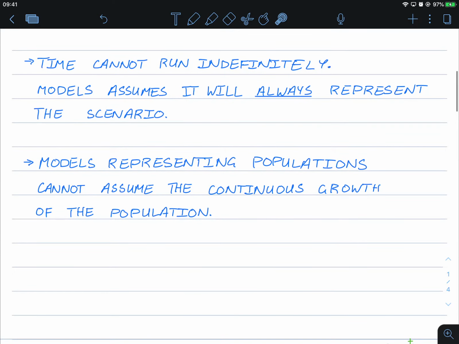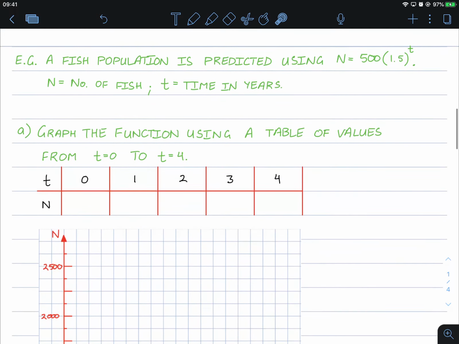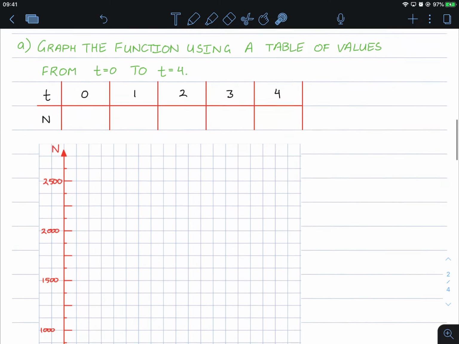And lastly, models representing populations cannot assume the continuous growth of the population. So again, in this example, you'll see that the fish can't always keep growing, that it eventually has to stop at some certain point. So here we go.